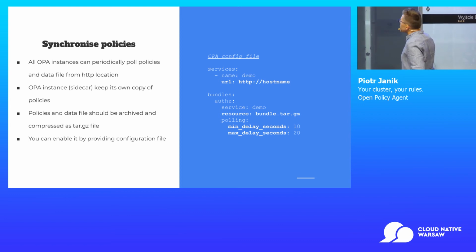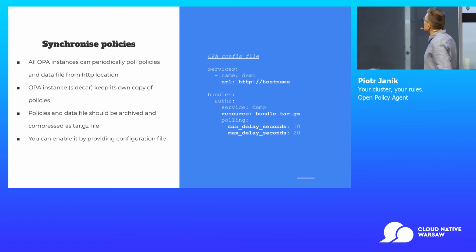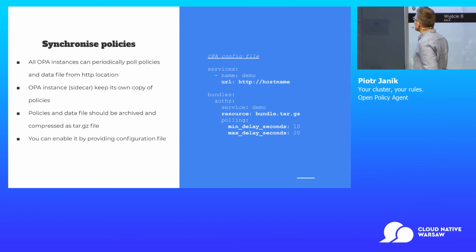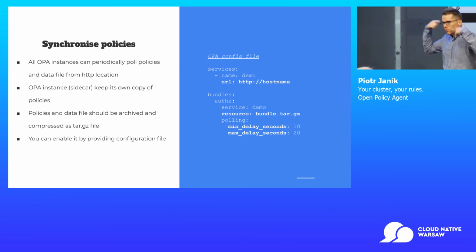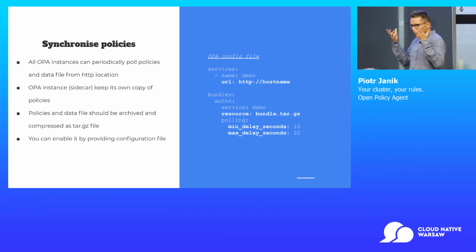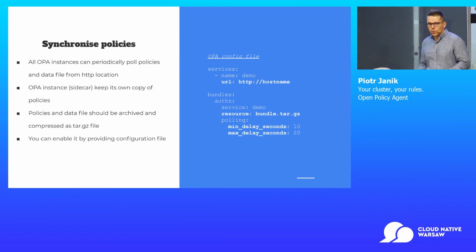So it's the host name. In my demo, it will be Nginx serving this bundle. And these are just times for how often it should pull it. Very, very simple way. So central place with bundles, sidecars, and they're constantly pulling up-to-date policies.